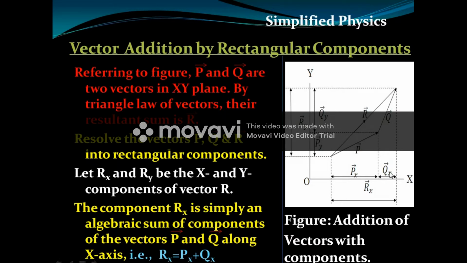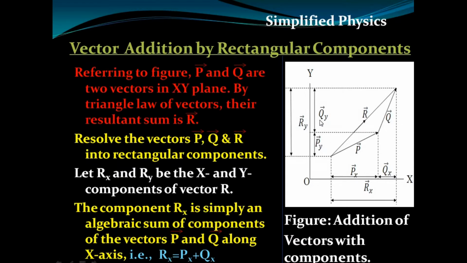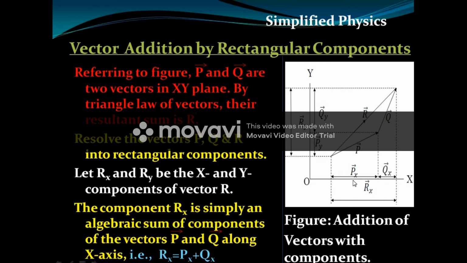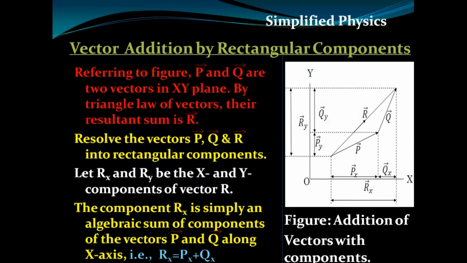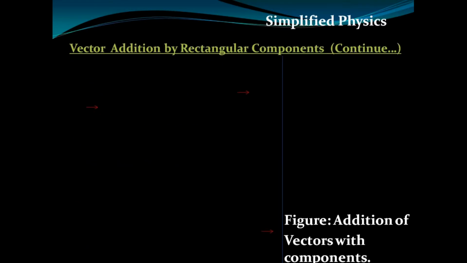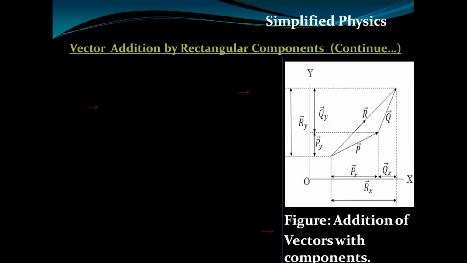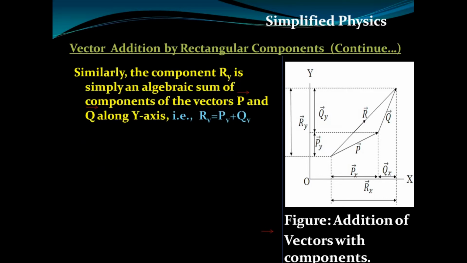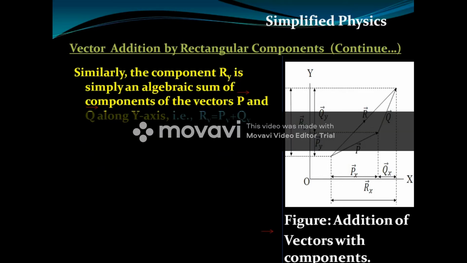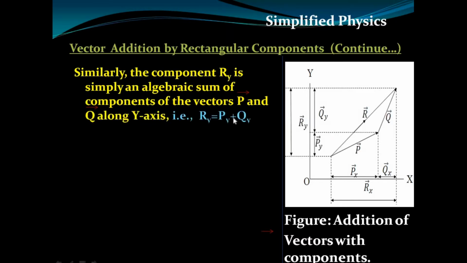Similarly, Qx is the x component of Q and Qy is the y component. From the diagram we can clearly see that Rx equals Px plus Qx, the x component of the resultant vector R. Once again, in the same figure, the y component Ry equals Qy plus Py, which gives the components of the vector.